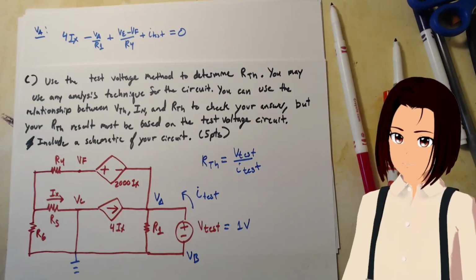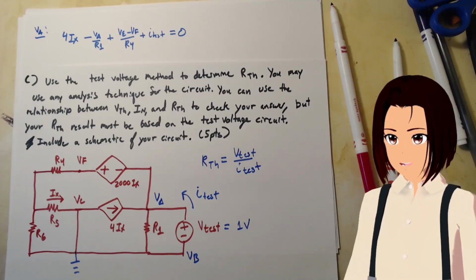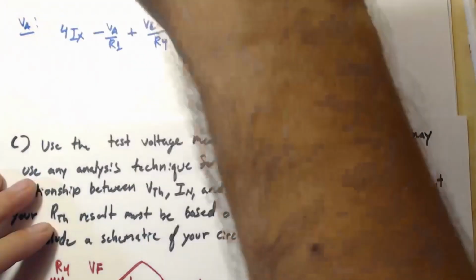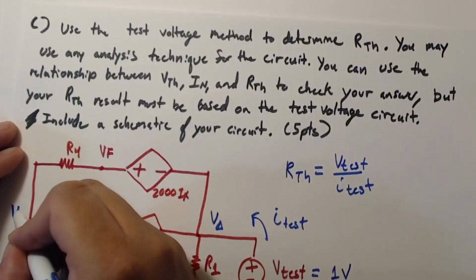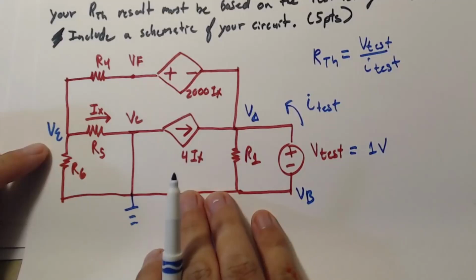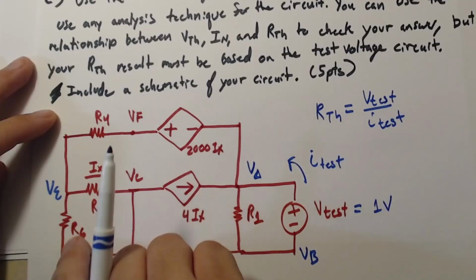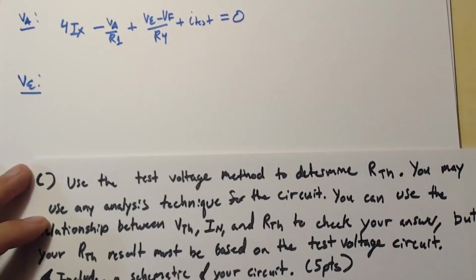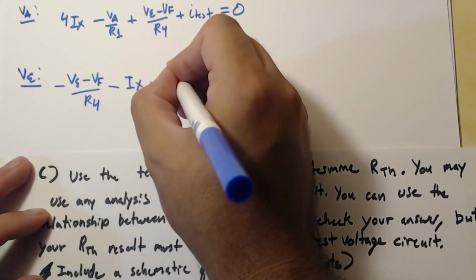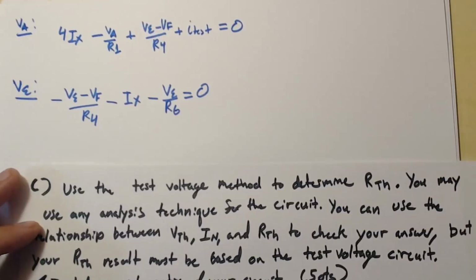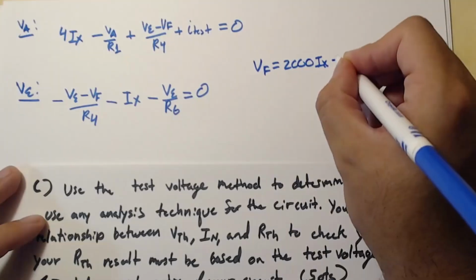So now VE minus VF, we want to deal with that. Say I want to do node analysis at VE. This here is VE. Remember VE: we have the current going out, Ix going out, this current going out. So I'll write it like this. Actually, we know VF is still equal to 2000 Ix plus VA.